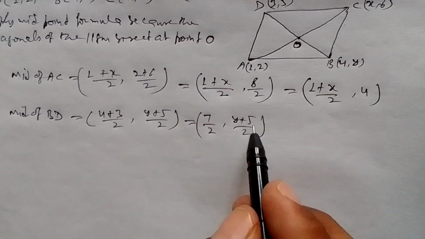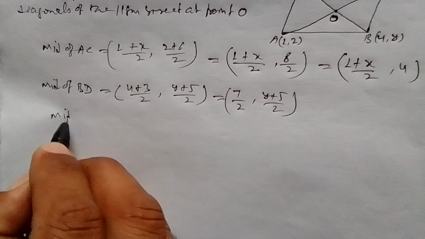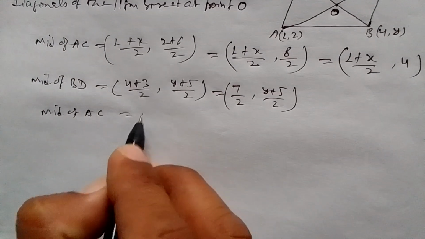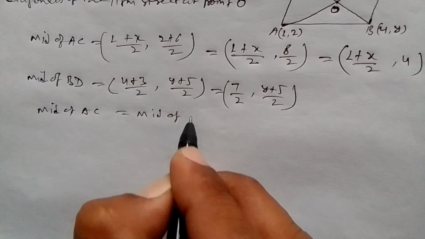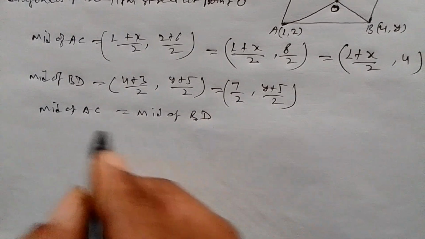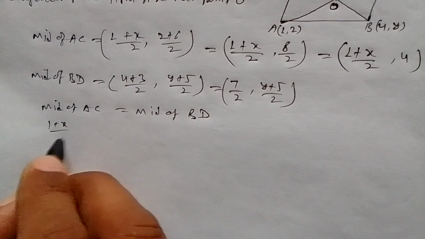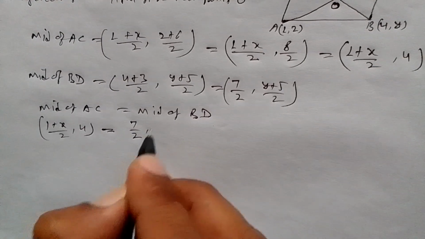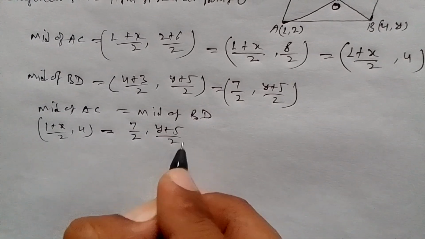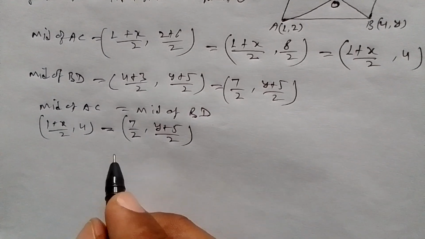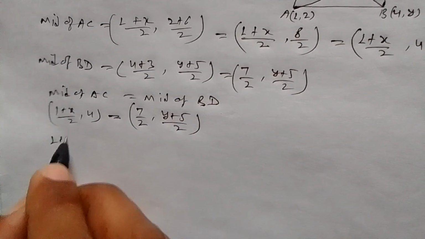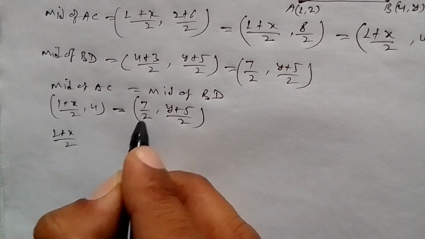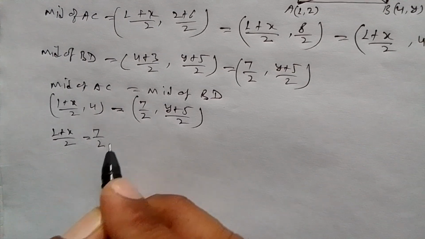So equating the midpoint of AC to the midpoint of BD, we write (1 plus x) divided by 2 comma 4 is equal to 7 by 2 comma (y plus 5) divided by 2. Now taking (1 plus x) divided by 2 is equal to 7 by 2.